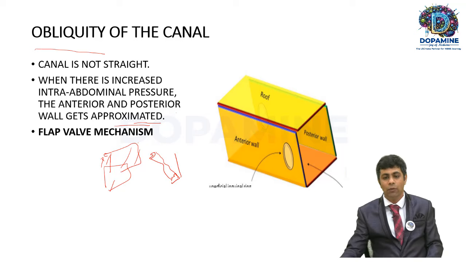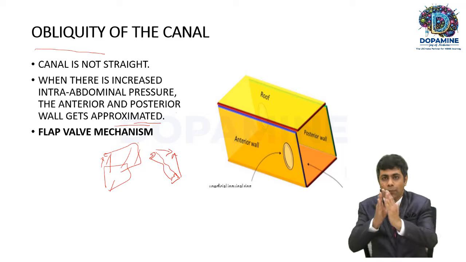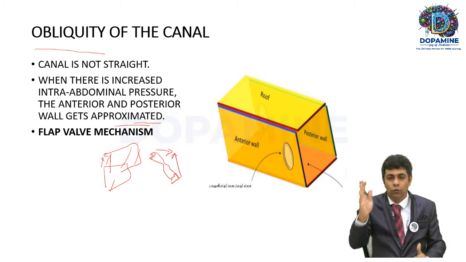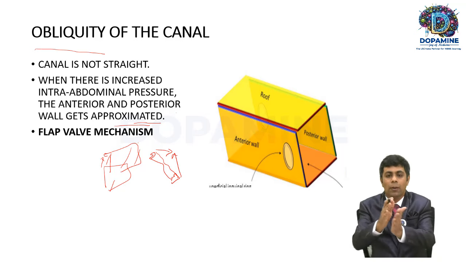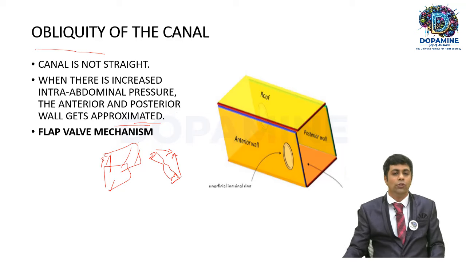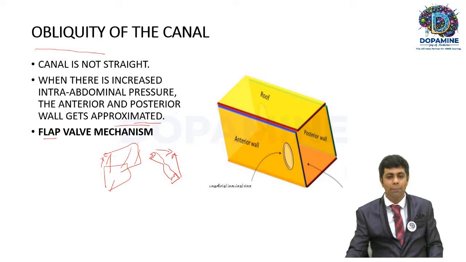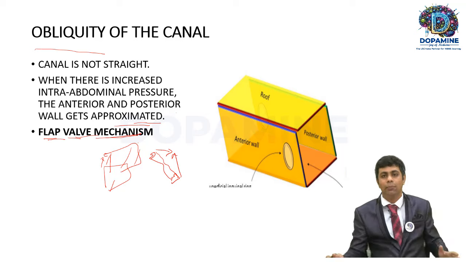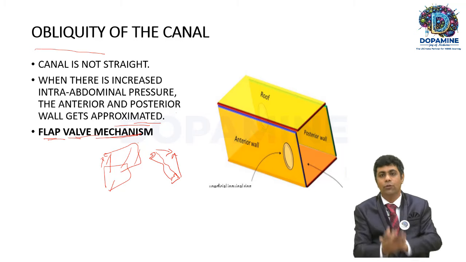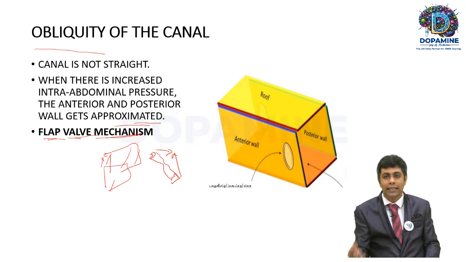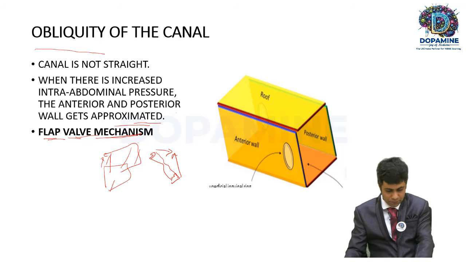The anterior wall and the posterior wall will be approximated in such a way that the superficial ring and the deep ring will be approximated and closed. So this mechanism is called the flap valve mechanism. You have to remember the flap valve mechanism, nothing but the anterior and the posterior wall getting approximated and closed in case of an increased abdominal pressure.